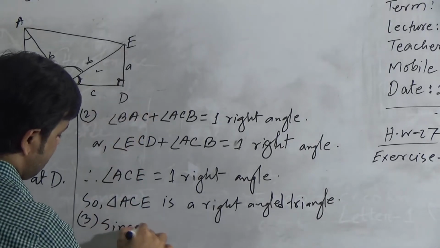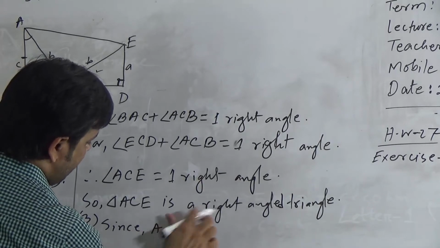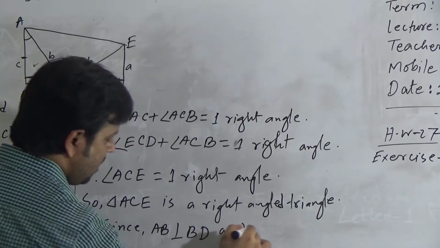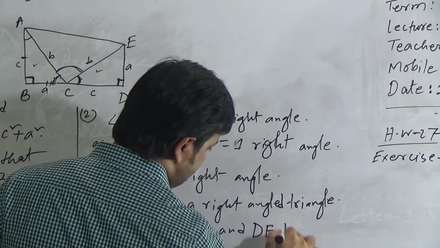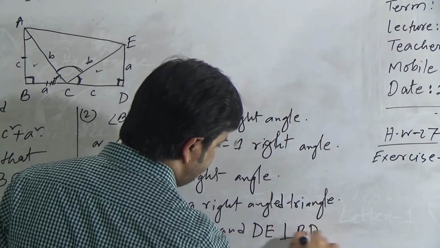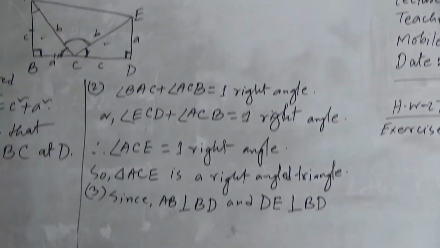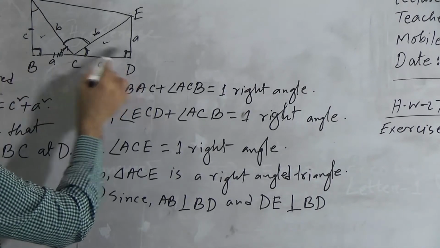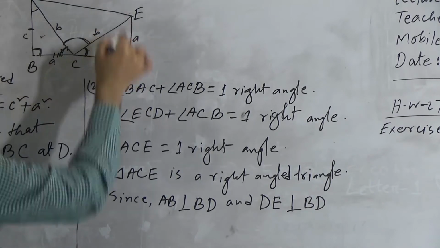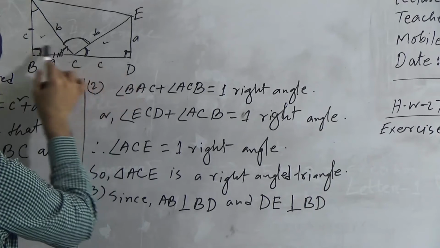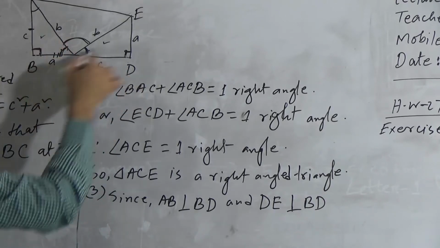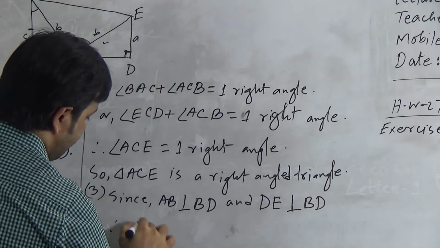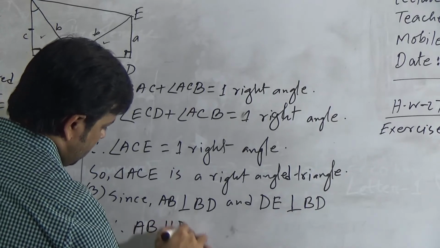Since AB is perpendicular to BD and DE is perpendicular to BD according to our construction, as these two angles are 90-degree right angles, these two angles are equal. So we can say AB and DE are parallel. Therefore AB parallel to DE.